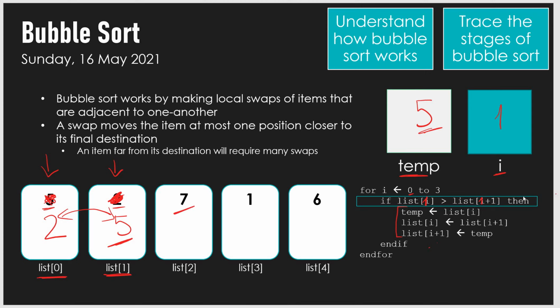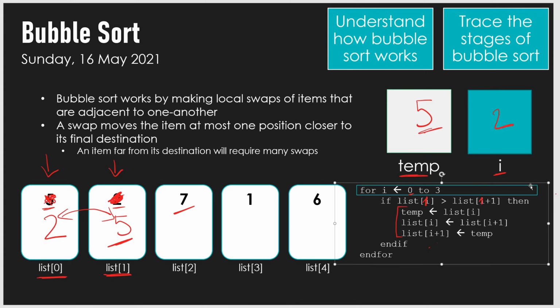That is a false statement because 5 is not greater than 7. So we do not execute these 3 lines of code. We again go to the end if, the end for, and the top again, and the i variable gets incremented one more time and turns to 2.